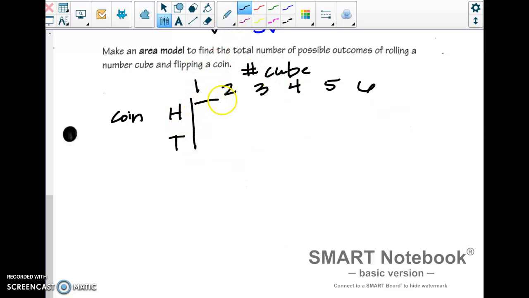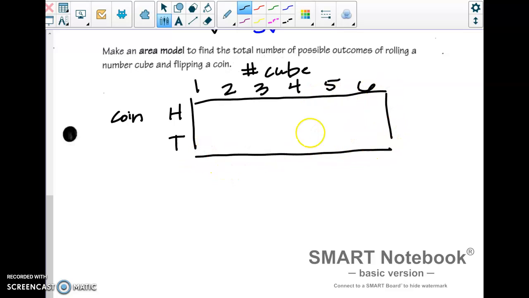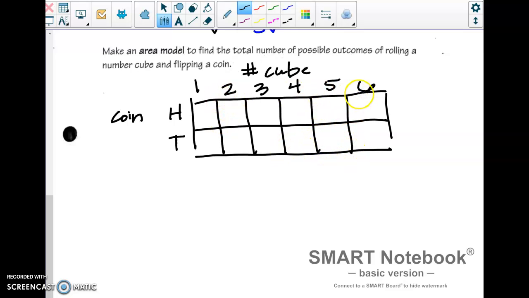If I then make the rectangle that goes with this, it's going to have 2 rows for heads and tails, and it's going to have 6 columns for the 6 options on a dice. So you can see that 6 options here times 2 options here makes 12 total possibilities.